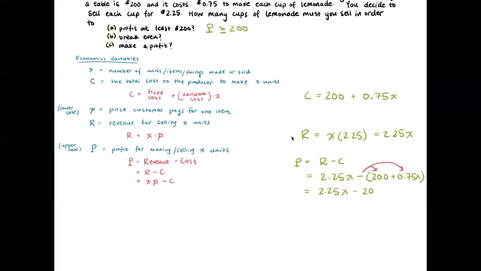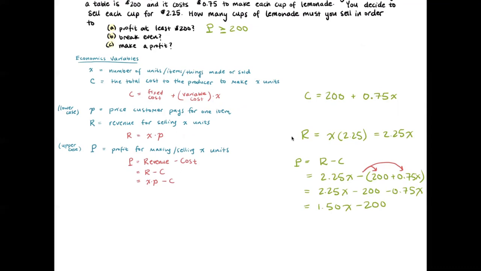That ends us up with minus 200 here, then minus 0.75x. Then we can combine our x terms: $2.25 minus 75 cents, I think it's $1.50, or 1.5x. Okay, so here is our profit equation.